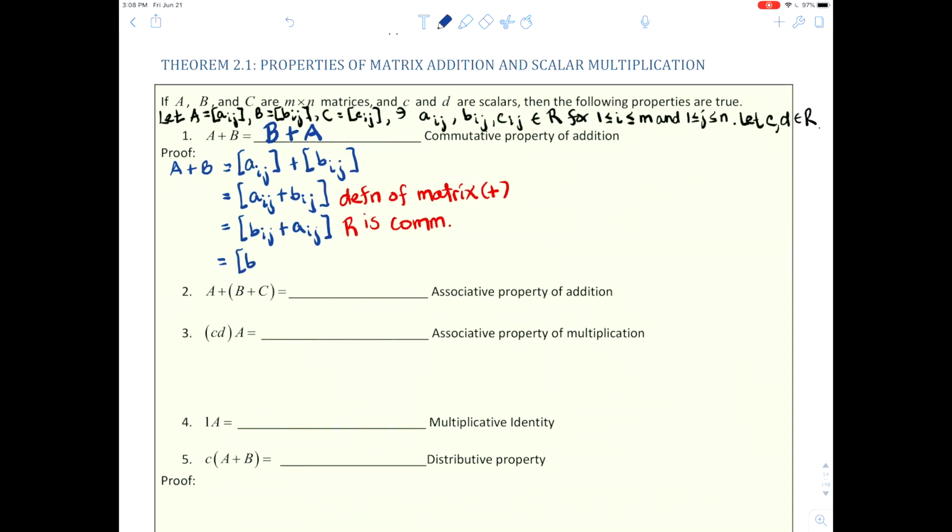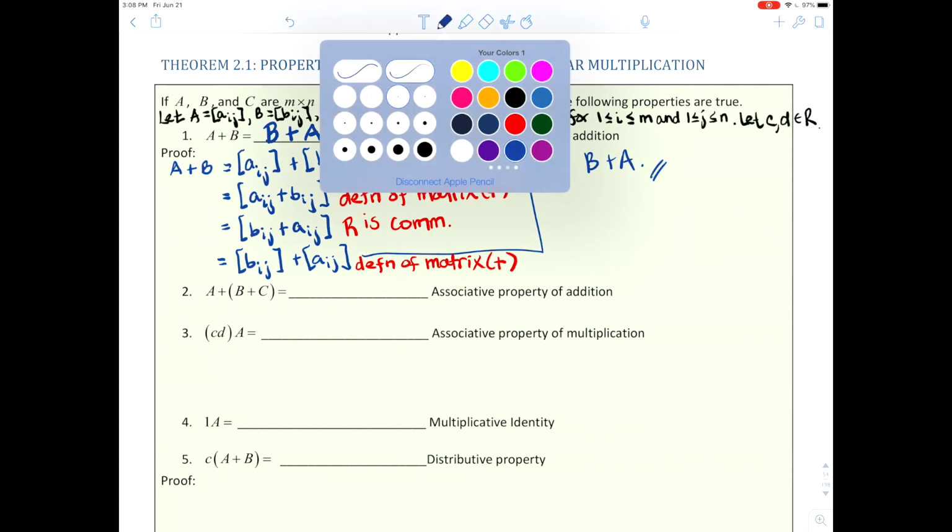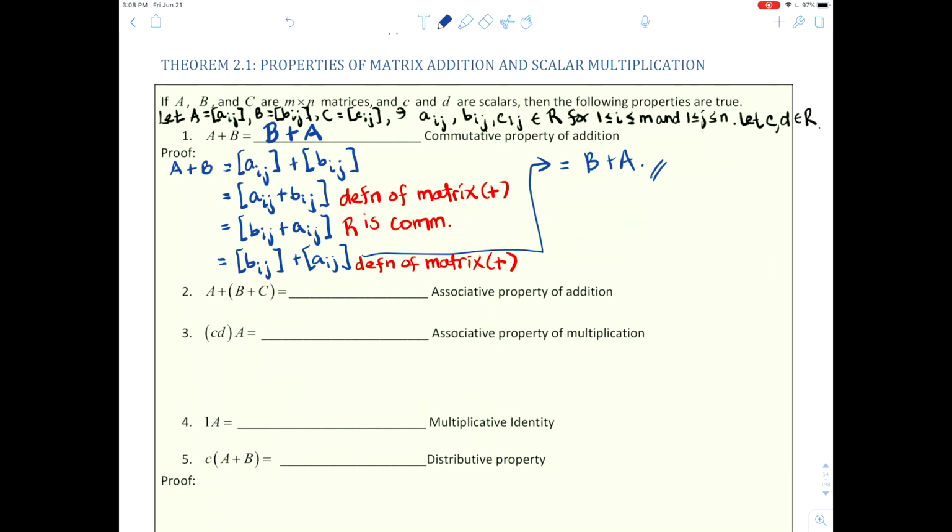So we'll have representative element Bij plus Aij, which is B plus A. So this one again is by definition, this last one here, definition of matrix addition. Groovy?